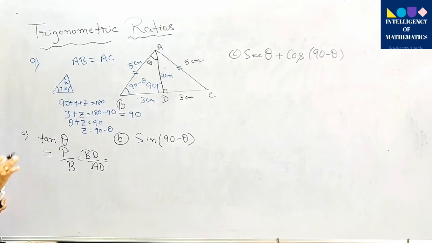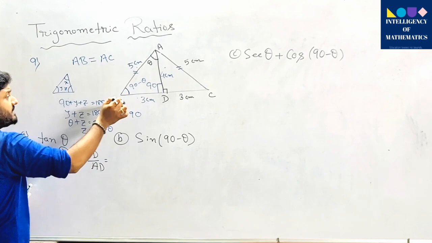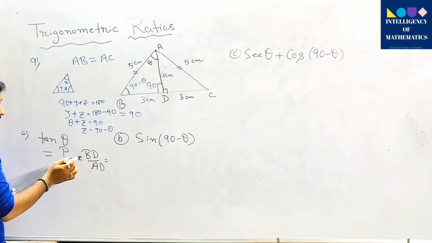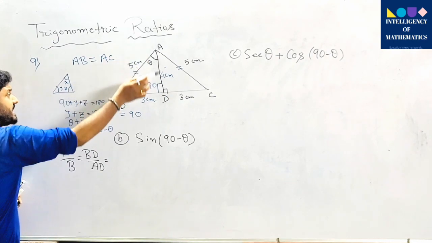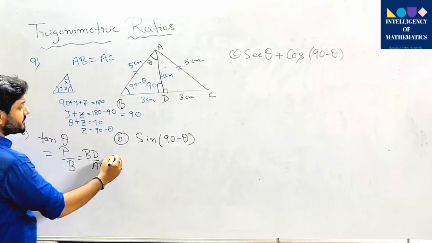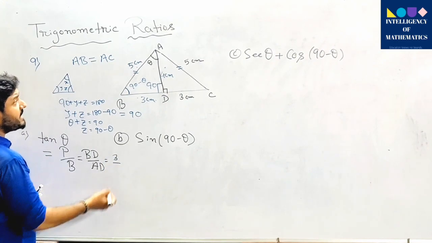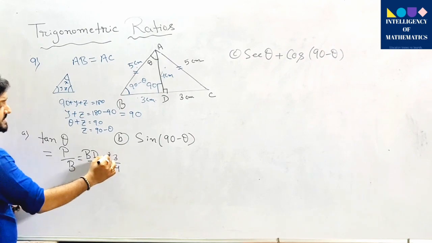Check once more if you have confusion. Tan theta is perpendicular by base. According to the theta angle, the side in front is BD, that is the perpendicular, and the right angle's front is the hypotenuse, so the remaining side AD is the base. BD's value is 3, AD's value is 4. So the answer of tan theta is 3/4.